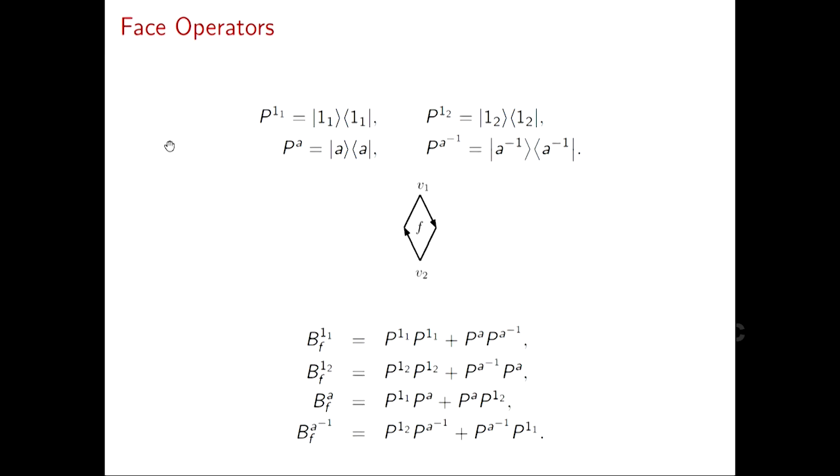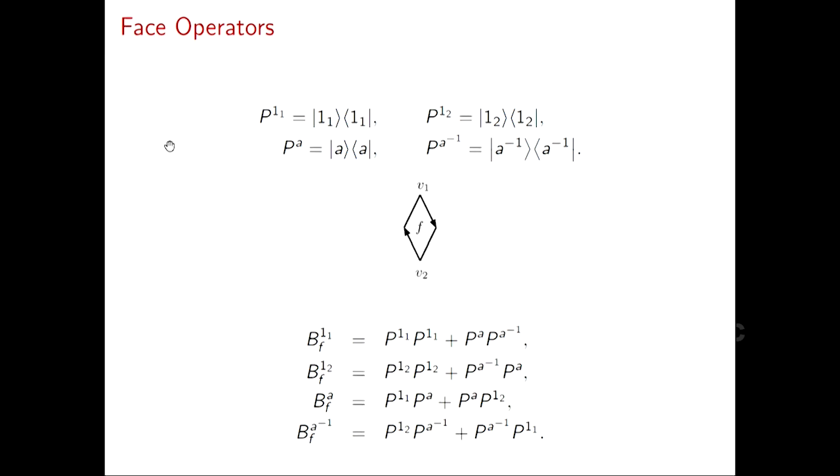I have to consider all the ways in which I can obtain the flux of 1. If I multiply a 1 with 1, I'll get 1, of course. If I multiply A with A inverse, I will get 1. On the other hand, if I multiply A inverse with A, I'll get 1, 2, and so on. So I can get all these different fluxes, and I can project to the 4 different morphisms of this simple example.